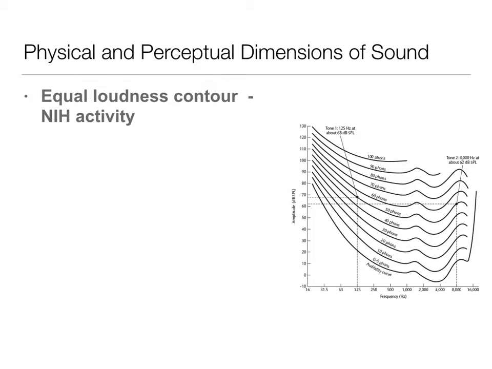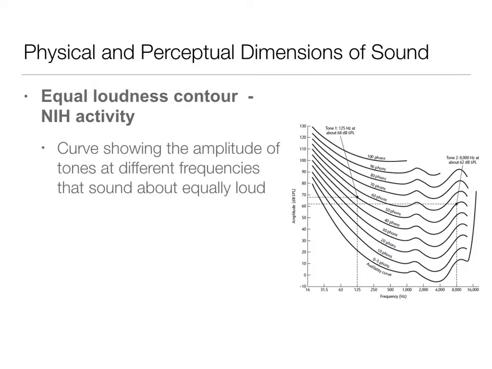You're also going to be able to do an equal loudness contour in this NIH activity. So there are two separate ones that I have assignments for. One is for pitch and loudness, and the other is on the equal loudness contour. An equal loudness contour is essentially just a curve, and these are a whole bunch of equal loudness contours.